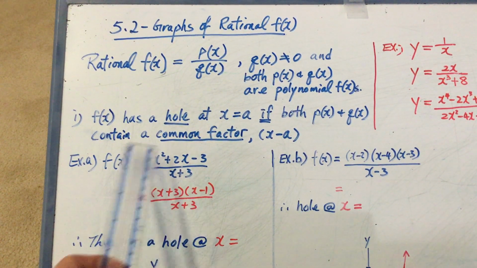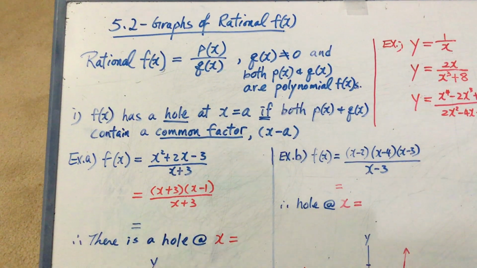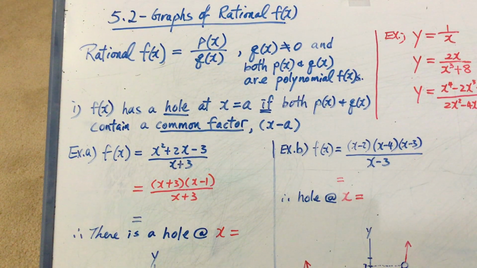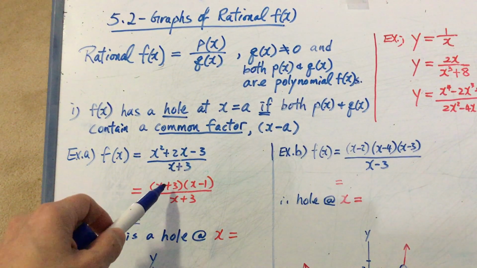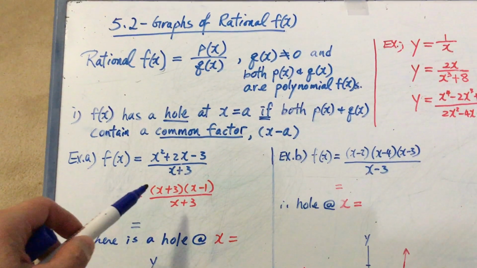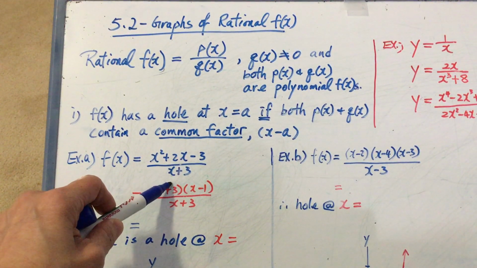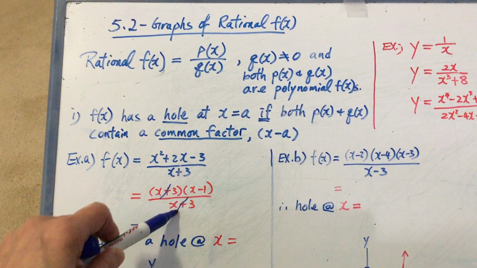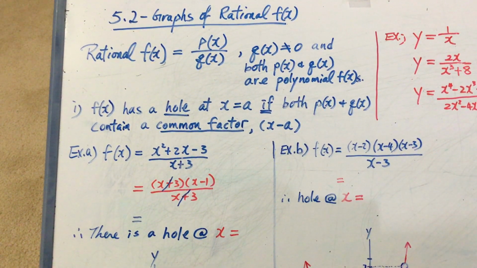And when you turn everything into fully factored form, in this case, you will see that there is a common factor, x plus 3. Okay, there is a common factor, x plus 3. So when it comes to simplifying the equation, you know that you can cross that off because they're common, so you can reduce it, right?